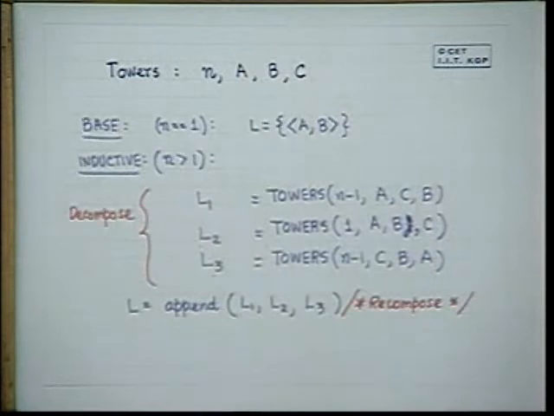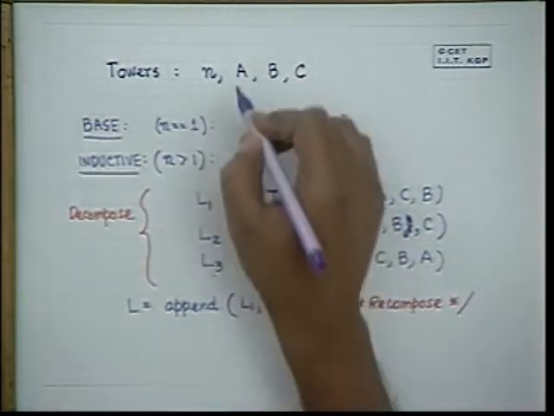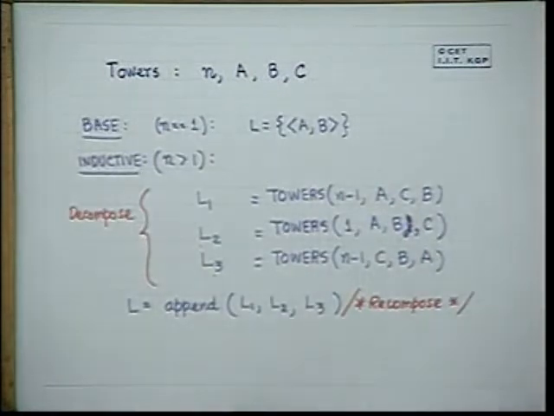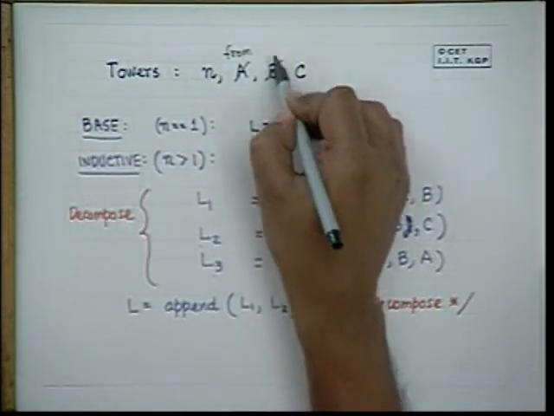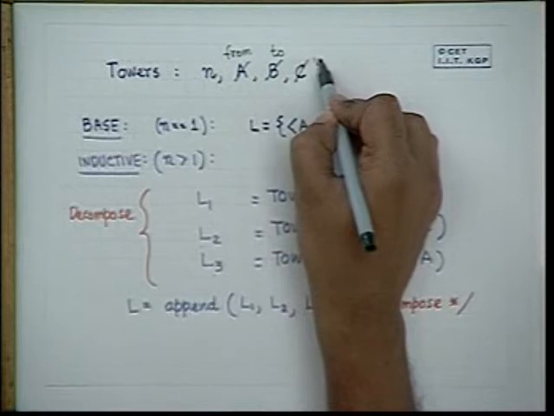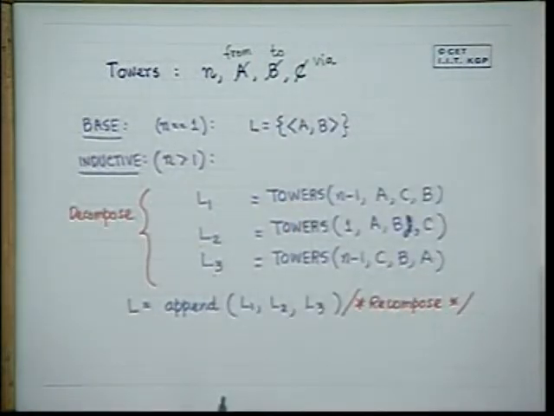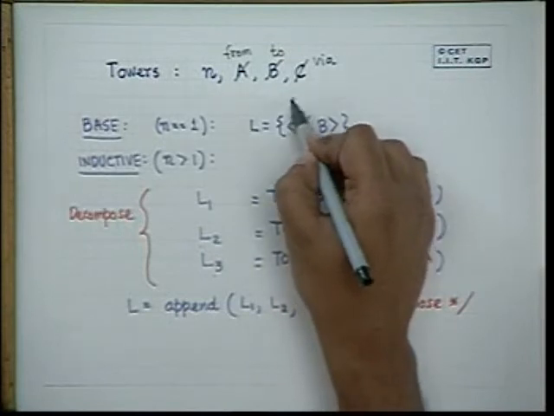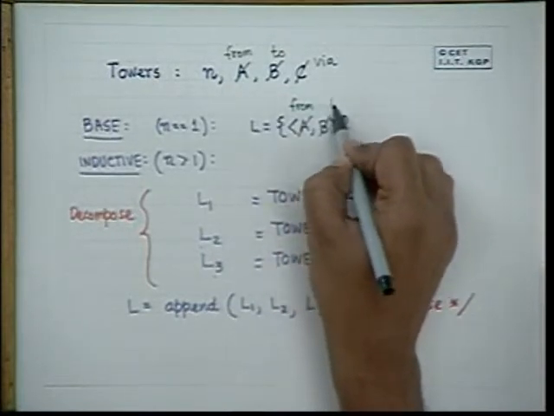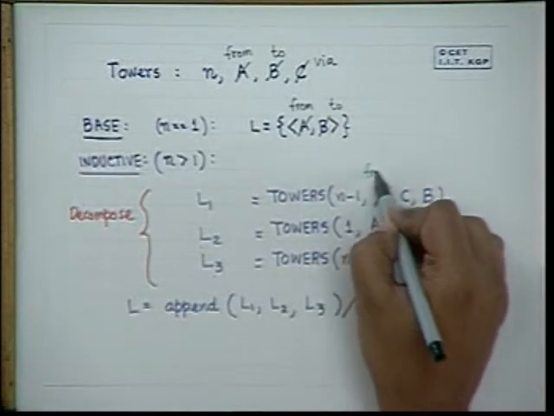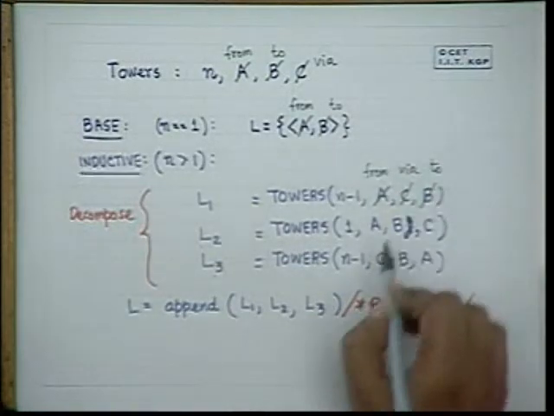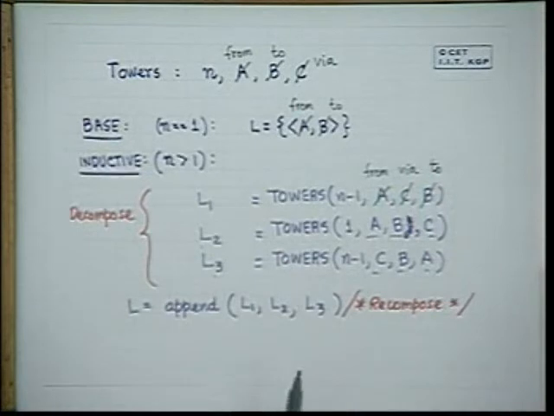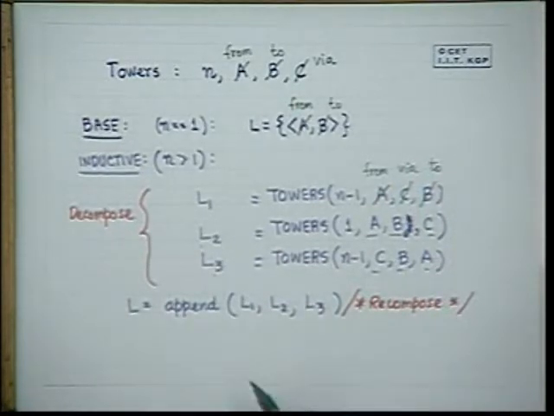So let us convert it to variables: let us say this is called from, this is called to, and this is called via. You replace A by from everywhere here, B by to, and C by via, and you will get your function in terms of variables.